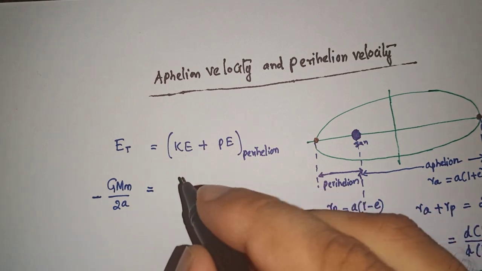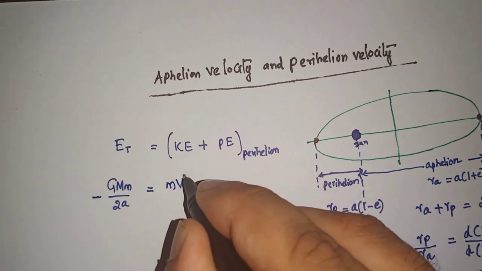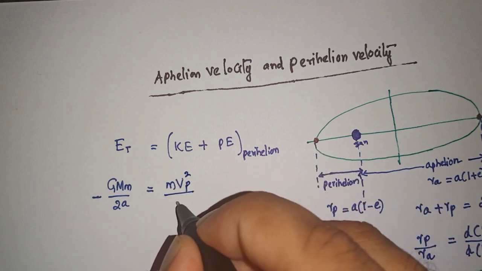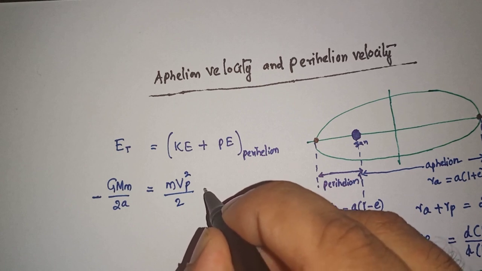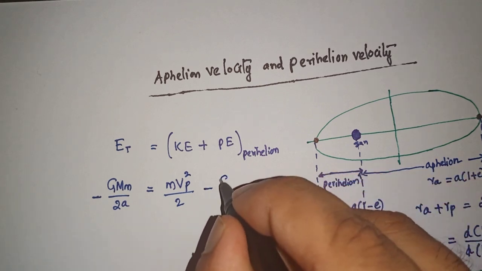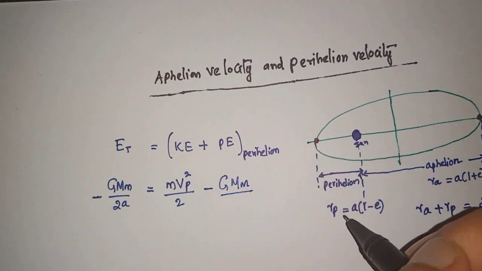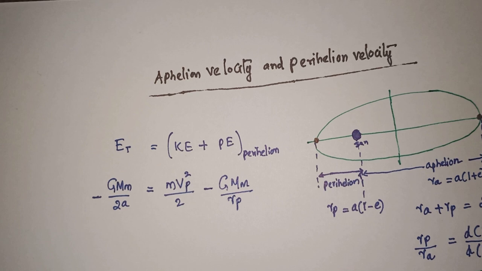Your kinetic energy is basically half m v squared. Here you should be careful with the v term because we are interested in the perihelion velocity, so we go with half m v_p squared. And we have the potential energy here: minus GMm divided by the radius at the perihelion, rp. This is my expression.